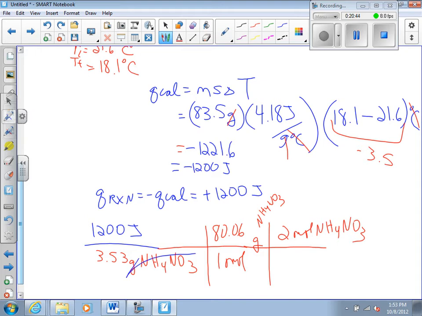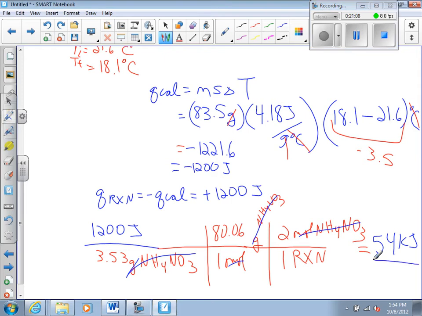My grams cancel here. And now I have to cancel my moles out, which is why I put the moles in the numerator. And it's 2 moles of NH4NO3 per 1 reaction. 2 moles per reaction. So now I calculate this out and I get, all right, 54 kilojoules.